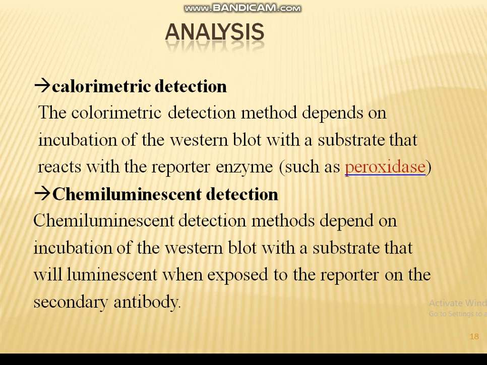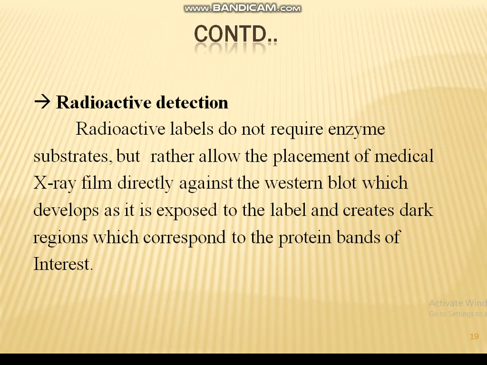This method depends on incubation of the Western blot with a substrate that will luminesce when exposed to the reporter on the secondary antibody. Another technique is radioactive detection. Radioactive labels do not require an enzyme substrate but rather allow the placement of medical X-ray film directly against the Western blot, which develops as it is exposed to the label and creates dark regions which correspond to the protein band of interest.